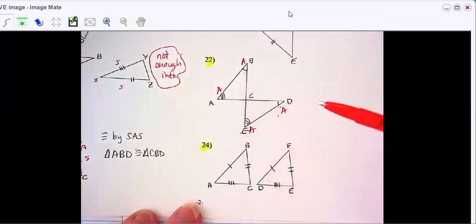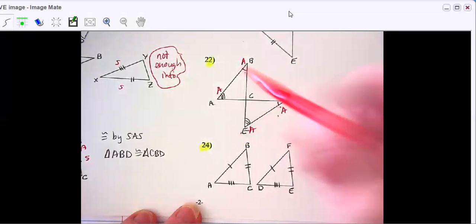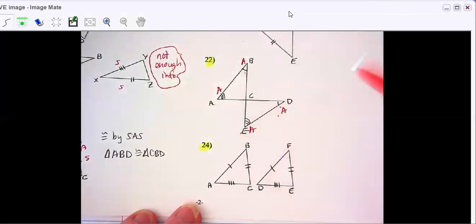It's not a shared side, but what kind of angles do we have?